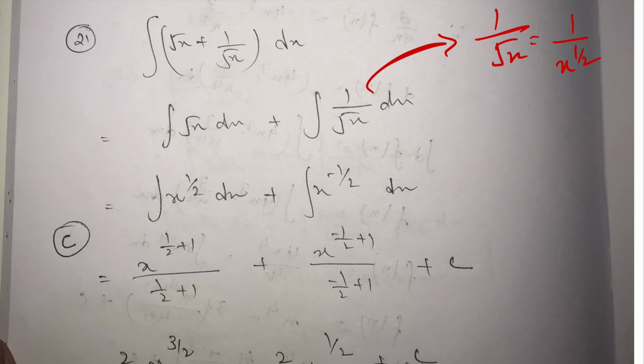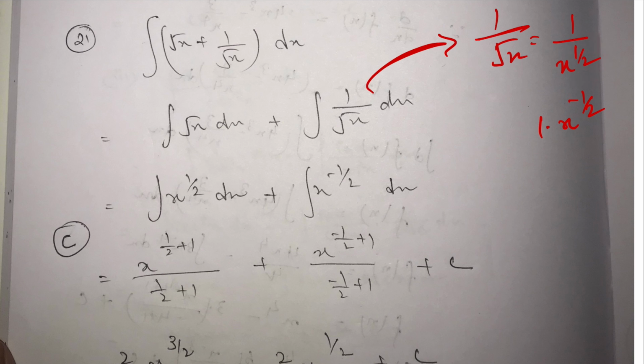So we can write x to the power 1 by 2, and then we will take this power to upside, so the sign will be changed. Here it is plus, it will become minus here. So we will have 1 into x to the power minus 1 by 2, right? This was positive here; if it goes upside, it will be negative.